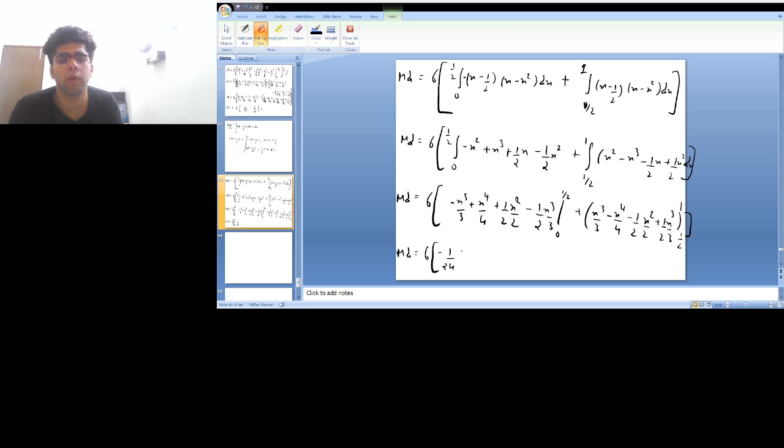1 minus 1 by 24, I hope this calculation is correct. 2 to the power 4 is 16, 16 into 4 is 64, plus 64, plus half, this is half and half, 4 into 1 upon 4 minus half, minus 6, minus 1 upon 6 into 1 upon 8, and 0.